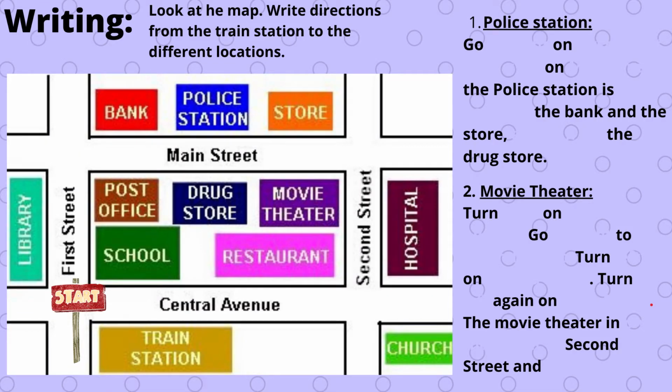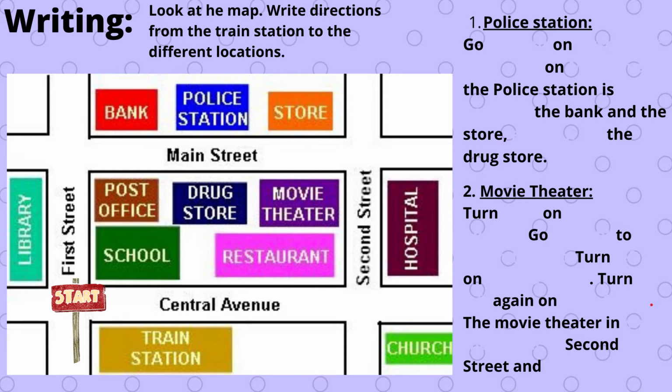Let's go ahead and look at the map and we'll see what I'm talking about. On your screen, you're going to see a map of different places in a neighborhood. You see names of streets and names of these different places.